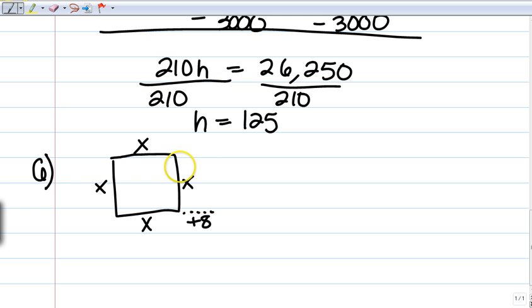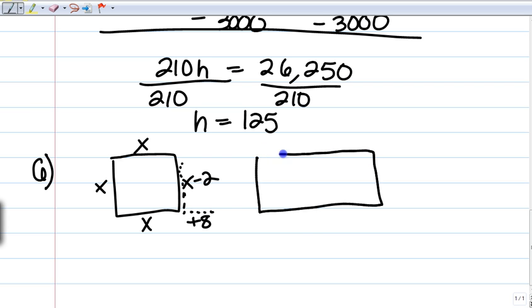So that means that this side for the new, in this case, rectangle would be 2 less. So if I drew that rectangle, I would have 8 more and 2 less than the sides of the square.